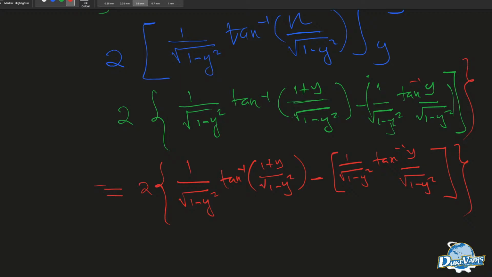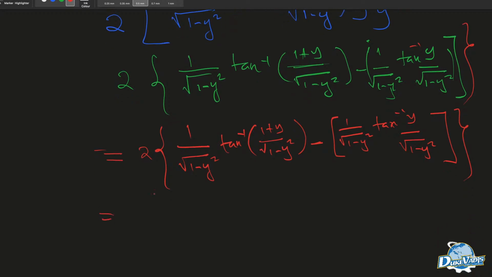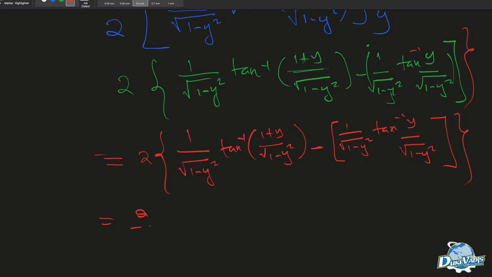If you look at it very carefully, you see that there's a common one out. So we can bring this one out to be 2 over square root of 1 minus y squared out.